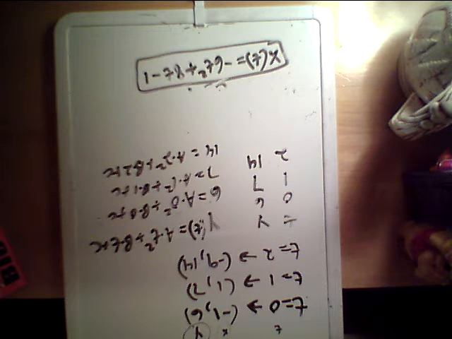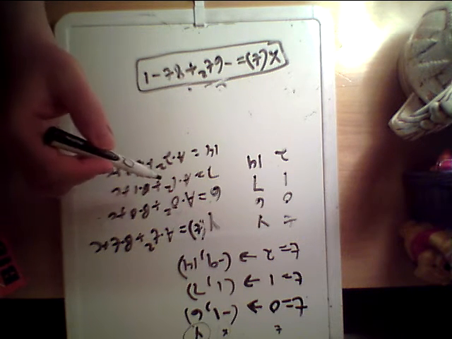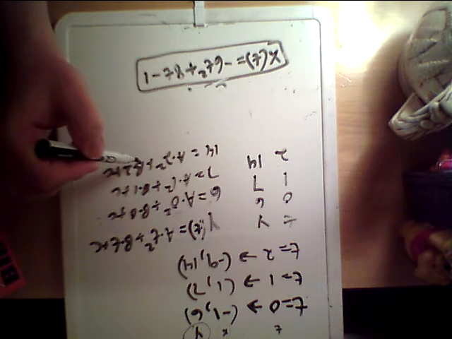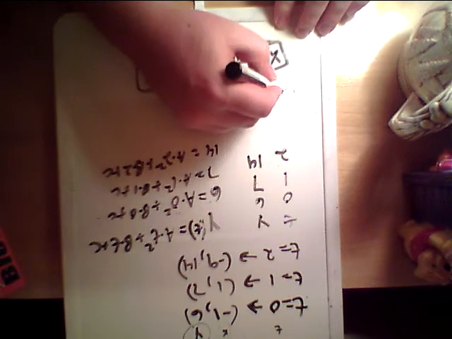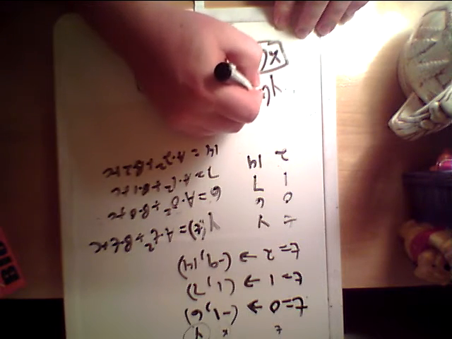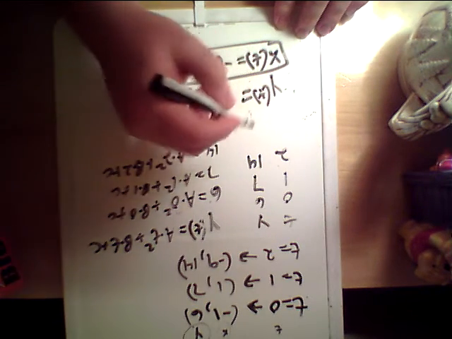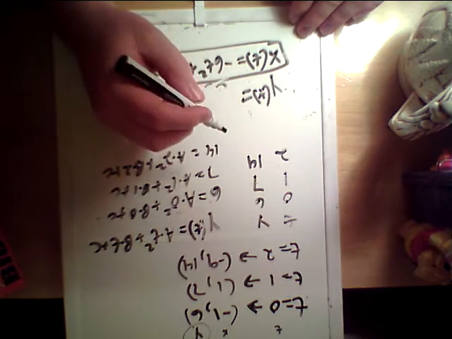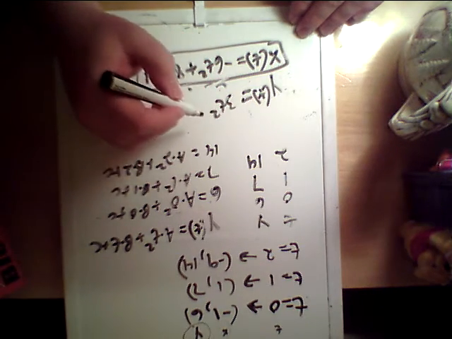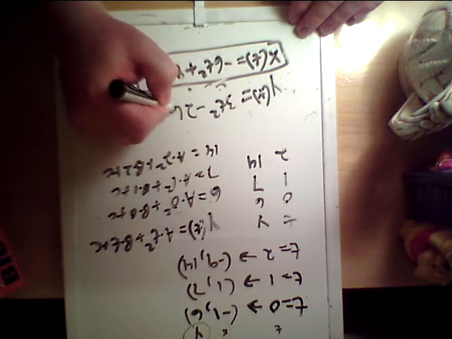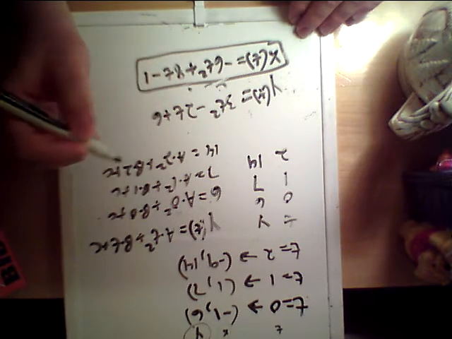And we'll punch all that in and find out that a ends up equaling 3, b ends up equaling -2, and c ends up equaling 6. So we get y as a function of t equals 3t squared minus 2t plus 6.